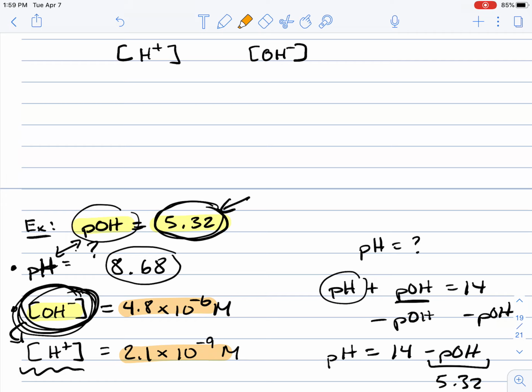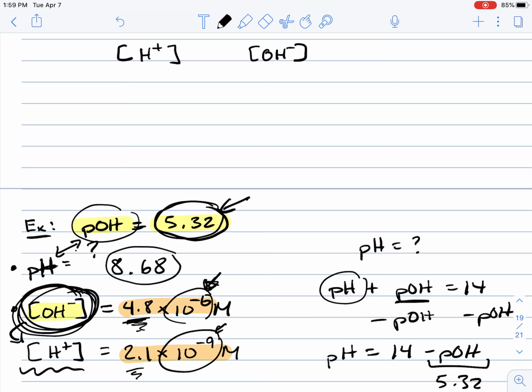which of these 2 values is larger? If you said the concentration of OH is larger, then you're absolutely correct. So this negative 6 is closer to 0 compared to negative 9. And so times 10 to the negative 6 is going to be a larger value than times 10 to the negative 9. I'm not really paying attention to these numbers, just because the power in the scientific notation, the times 10 to the negative 6, weighs more heavily than the actual value of 4.8.